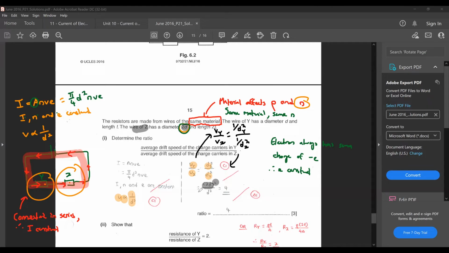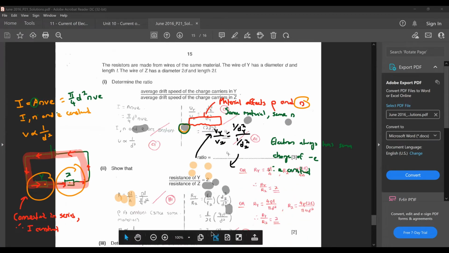Remember to square the entire term. y has just d itself, so you just need to square the d. But for dz, you need to square not just the d, you also need to square the 2. So eventually your ratio is 4. So this one is the ratio of their drift velocities.